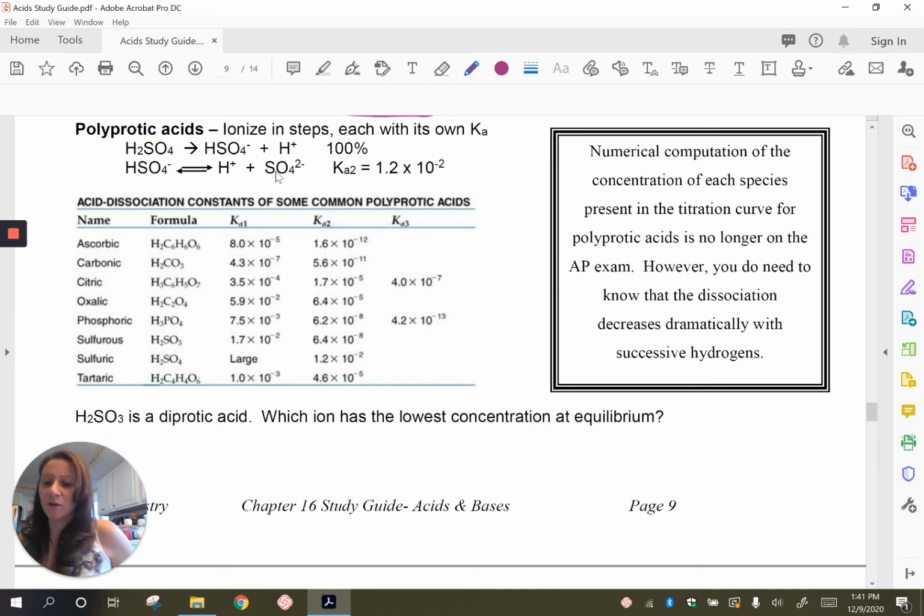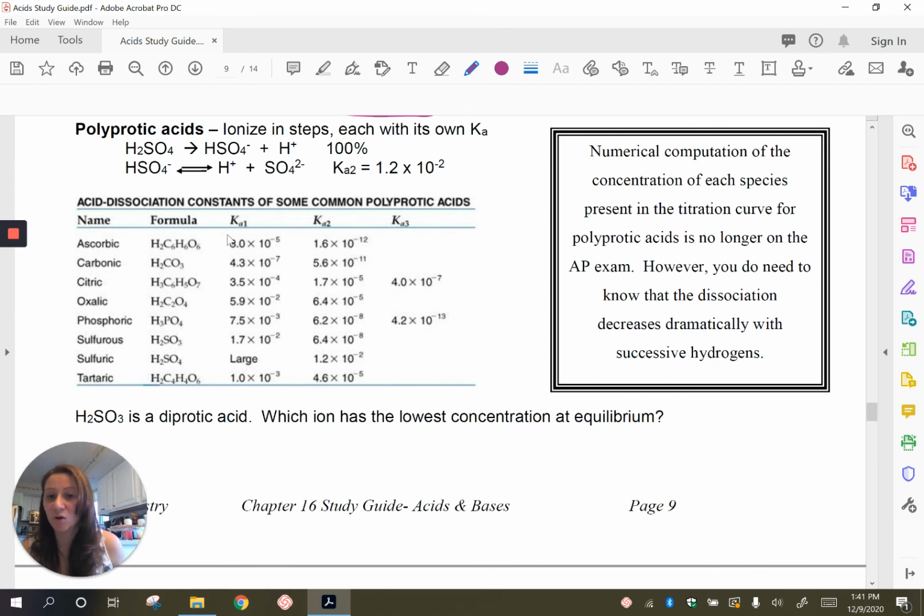Whenever you have a polyprotic acid, the second and third and successive ionizations are way, way less than the previous one. So, for example, with H2SO4, the first ionization is 100%, right? All of it ionizes. But then HSO4 minus only partially ionizes to the extent of 1.2 times 10 to the negative second as your Ka.